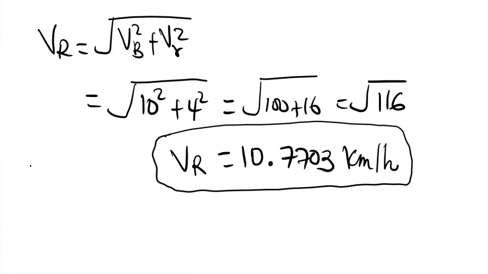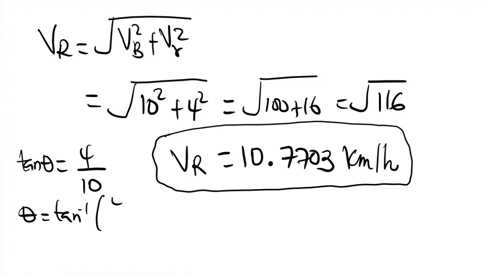So you know opposite and adjacent, so you're going to use tan theta, SOHCAHTOA. Remember, opposite over adjacent. The opposite was 4, and the adjacent was 10. So what we have now is theta will be equal to tan inverse of 4 over 10. 4 over 10, that would be like 2 over 5.